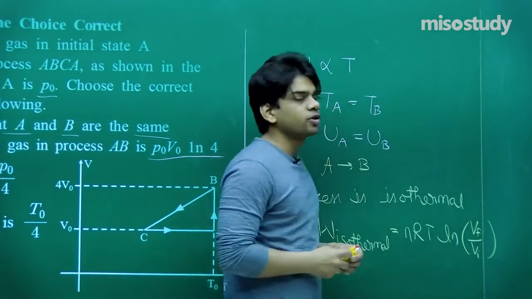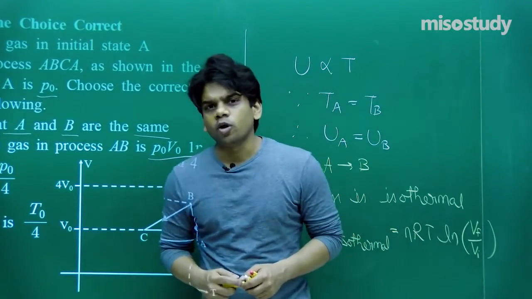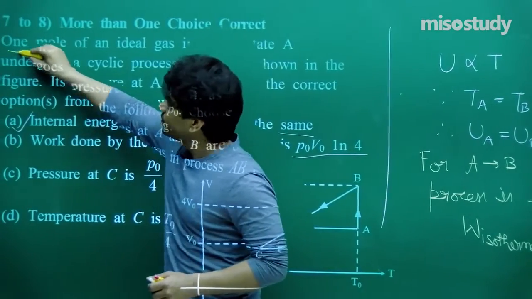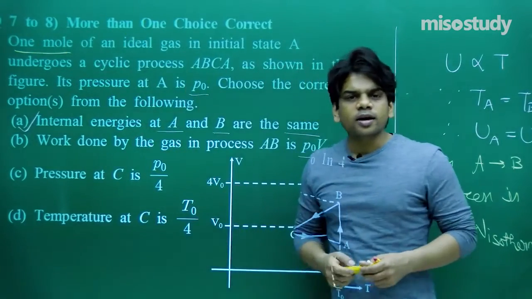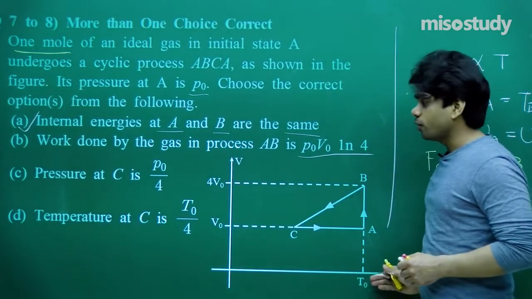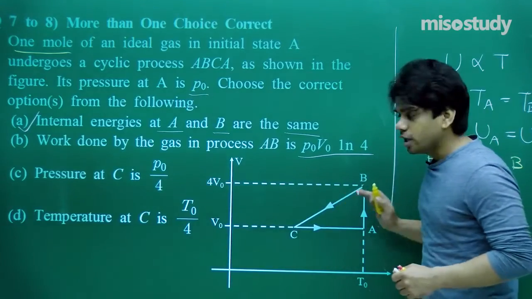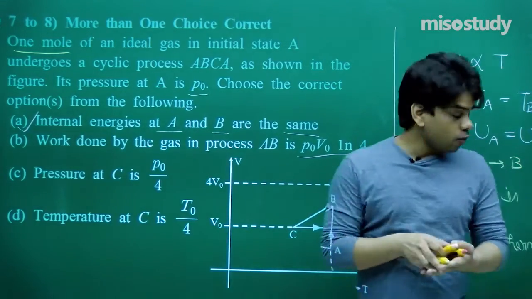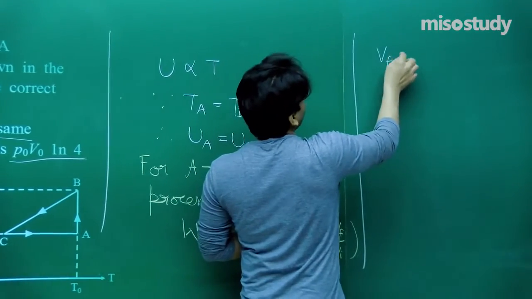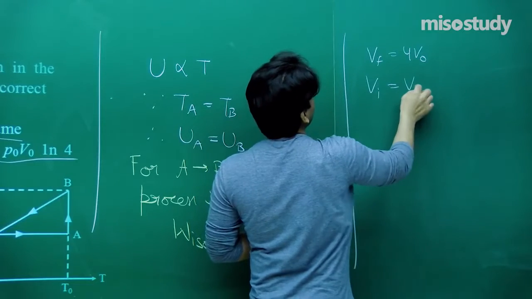Now here, it's 1 mole of an ideal gas, so n will be 1, R keep as it is, temperature T will be T0. And the final volume is 4V0, initial volume is V0.